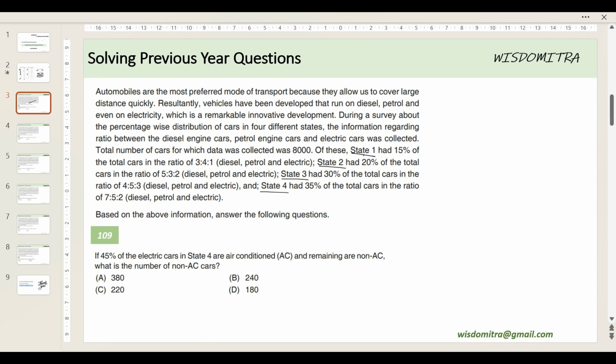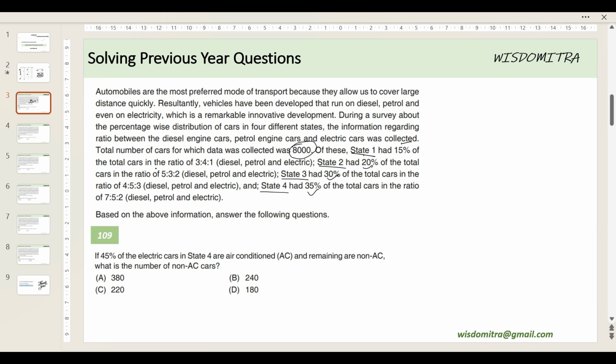And each state had 15%, 20%, 30%, and 35%. There were around 8,000 cars, and this was the percentage breakup. Just quickly, you can check if this is coming up to 100%. 30 and 20 is 50, yes, and 15 and 35 is again 50, indicating that the sum total is 100%, right? So 8,000 has to be divided into these four states: 15%, 20%, 30%, and 35%.